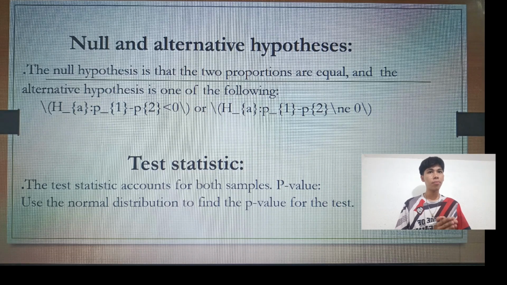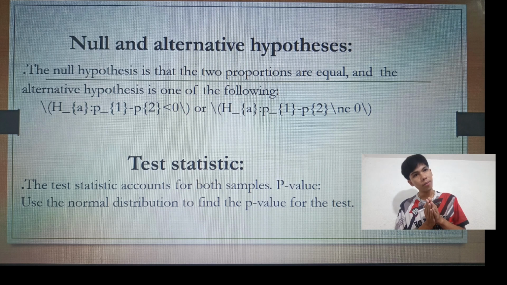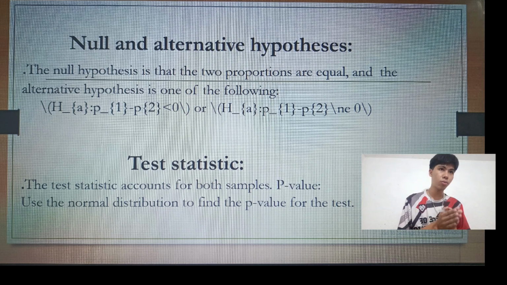Null and alternative hypothesis. The null hypothesis is that the two proportions are equal, and the alternative hypothesis is one of the following: H_A: p1 - p2 < 0, or H_A: p1 - p2 > 0, or H_A: p1 - p2 ≠ 0. The test statistic accounts for both samples, and then the p-value.